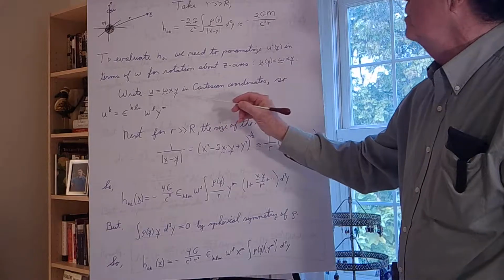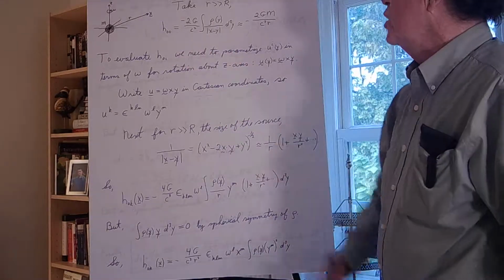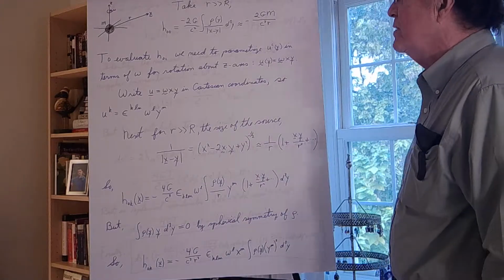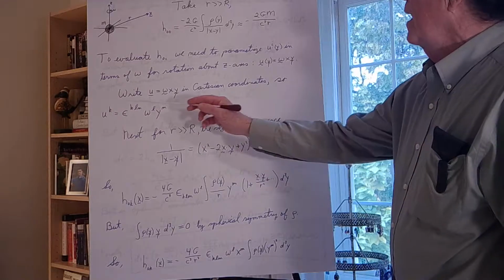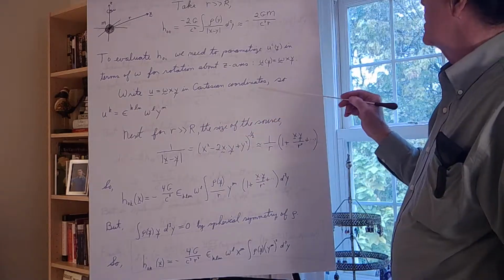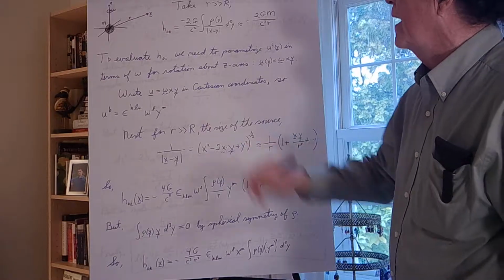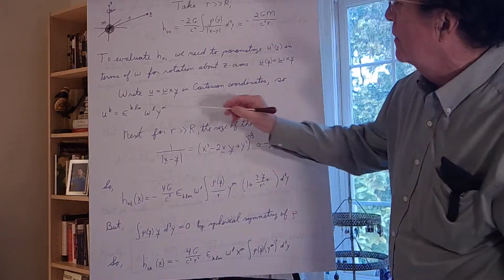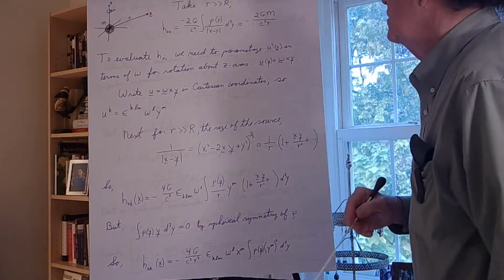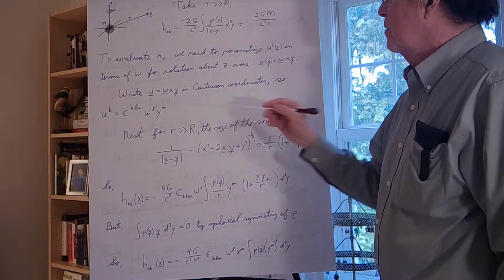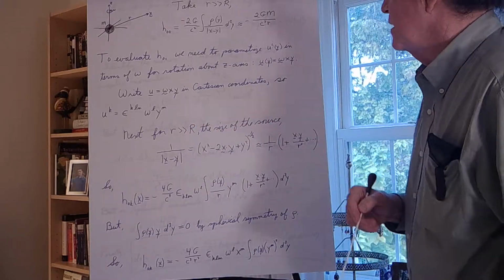So I just write u equals omega cross y. Y labels a point inside the star. I have to integrate over the star, okay, to get my total contribution. And I can write that out in Cartesian coordinates as a cross product of omega cross y. So I'll write it with my epsilon symbol, sum over L and M. You don't have to do it this way if you want to. You can just carry on the cross product. I'm going to do it this way because it's very systematic.